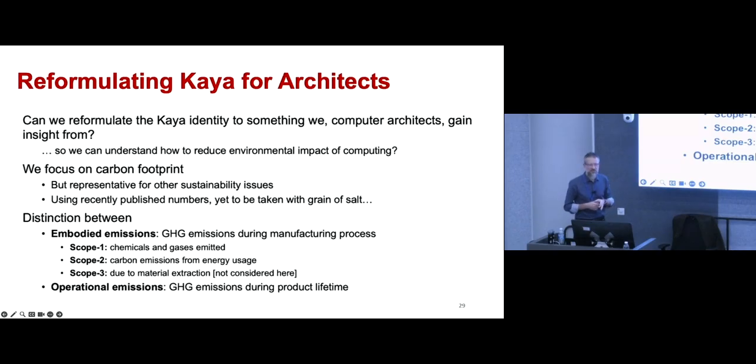It's a little bit confusing, but from a manufacturing standpoint, to produce the chips that we use in our devices, Scope 1 means the chemicals and gases emitted in the process for cleaning the wafers and air conditioning in the facilities. Scope 2 is the carbon emissions as a result of the energy that we're consuming to manufacture the devices.